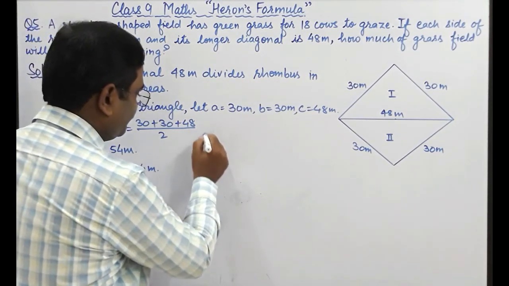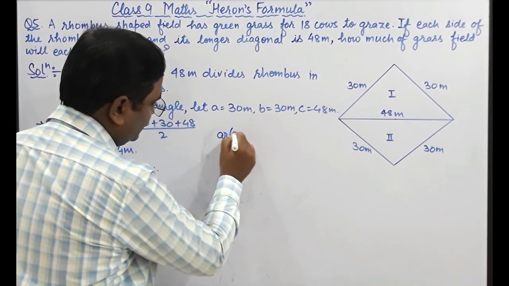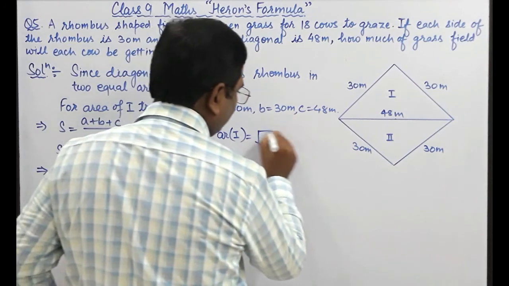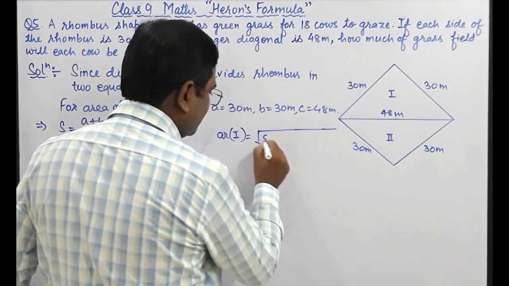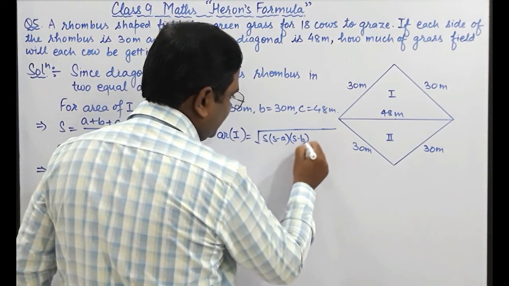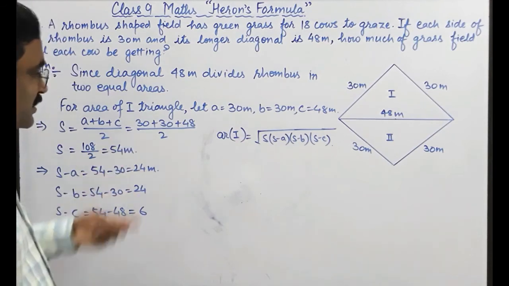So area of first triangle is equal to under root S(S minus A)(S minus B)(S minus C) by Heron's formula. Now substitute these values.